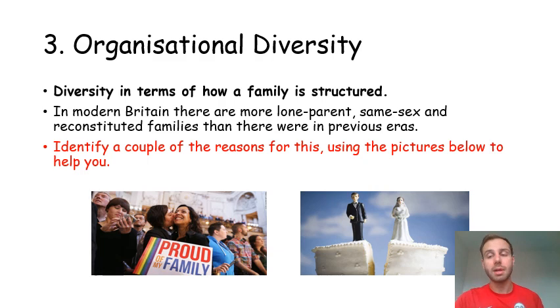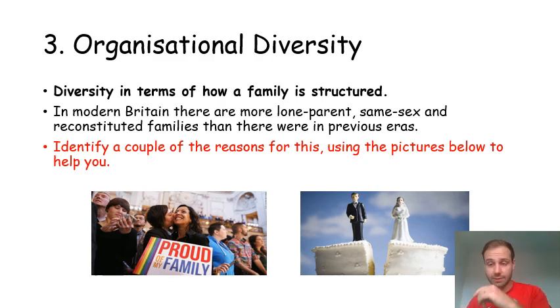So all we mean by the term organizational diversity is there are different, diverse ways in how a family is organized. It might be organized with one parent, two parents of opposite sex, two parents of the same sex. That's 3 different ways that families are organized. Okay, that's all this one is talking about: different types of family exist.